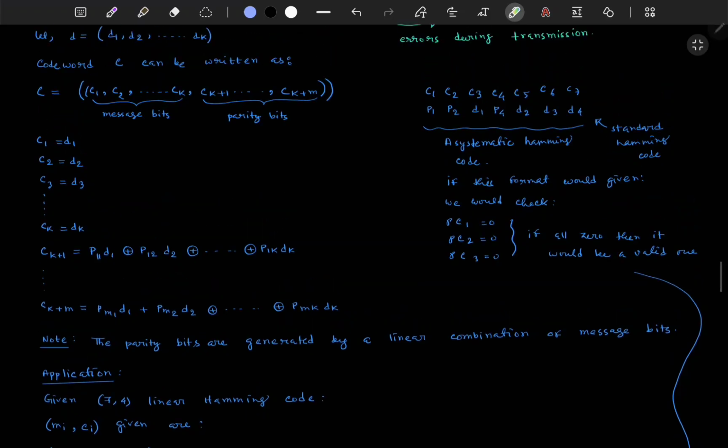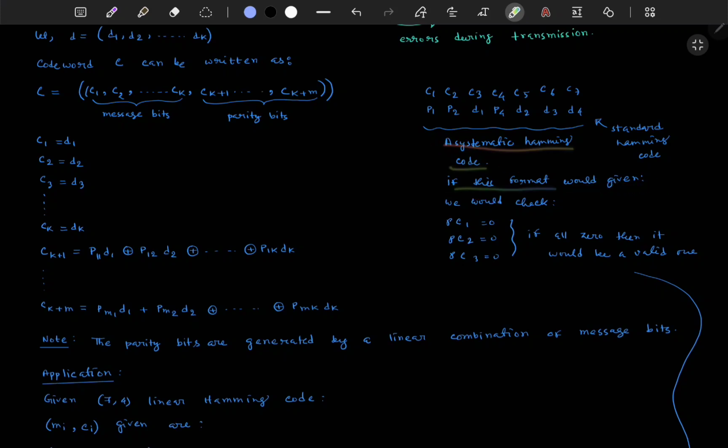This is the main part I am trying to revise here. These are the standard Hamming code positions C1, C2, C3, C4, C5, C6, C7. The first two are parity bits, then one message bit, then one parity bit, then two message bits, then one parity bit. That is the standard Hamming code, but this is a systematic Hamming code.